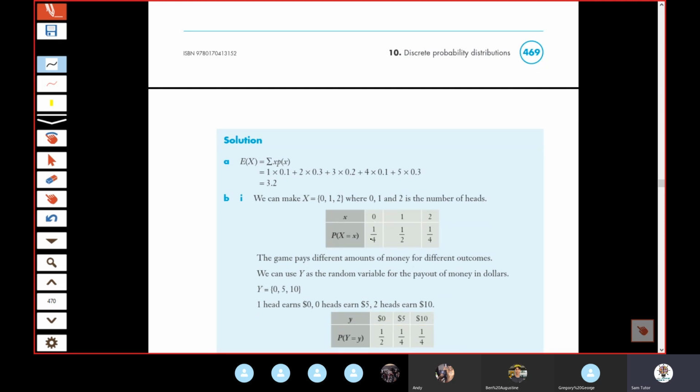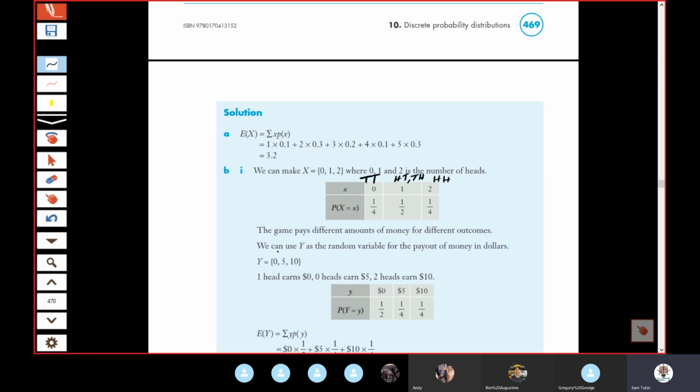So no heads, tail, tail, which is half times a half, is a quarter. 1 head is head, tail, or tail, head, so that's half of the time. And then 2 heads would be also a quarter again. Now we also know the amount that you win.